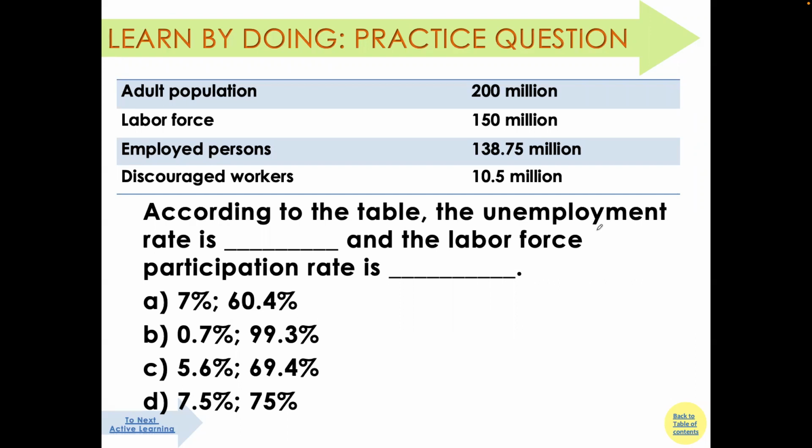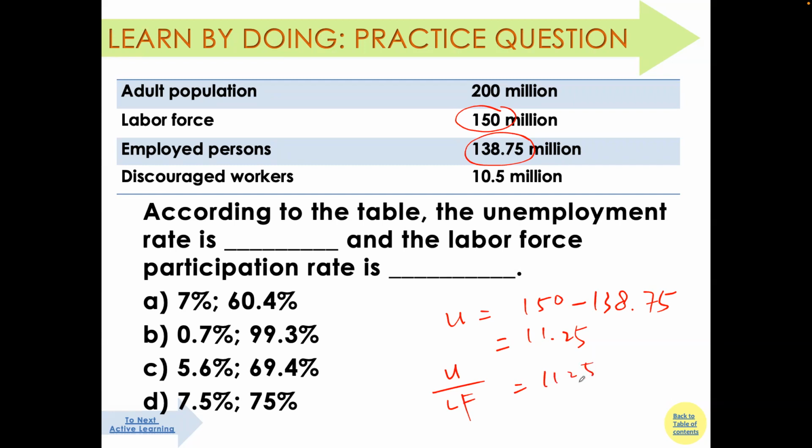The number of unemployed in this example equals labor force minus employed. So unemployed equals 150 minus 138.75. And then the unemployment rate equals U divided by labor force. That's equal to 11.25 over 150.